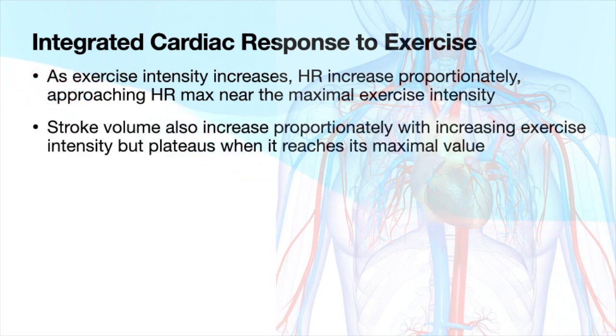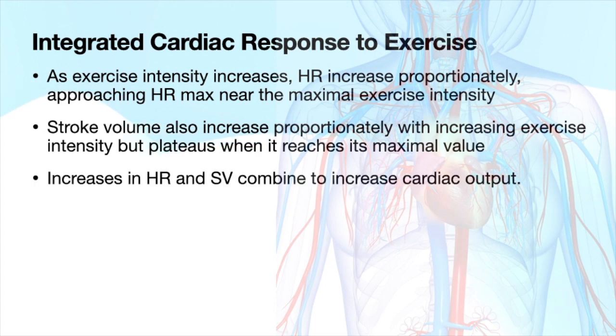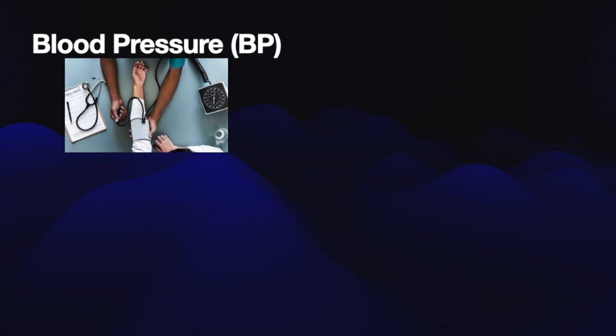Stroke volume also increases proportionately with increasing exercise, but plateaus when it reaches maximal value. And increases in heart rate and stroke volume combine to increase cardiac output. So that's just the heart's response to acute exercise.